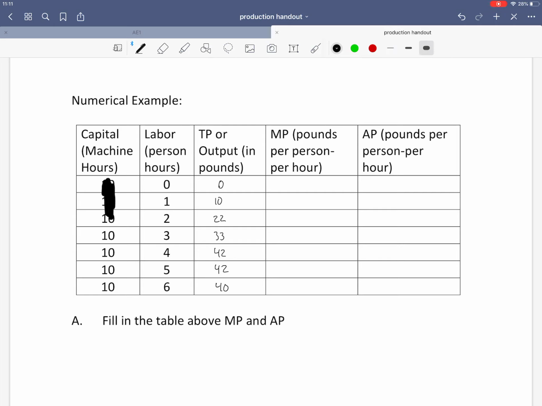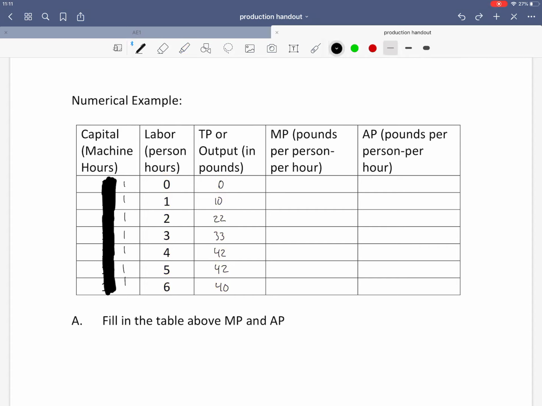Let's just say that we have one pizza oven that we run for 10 hours a day. And we have our different levels of labor. So these are all the different amounts of workers that we can have. And we see that as we increase the amount of workers, that's going to allow our total product, or our output, to change.